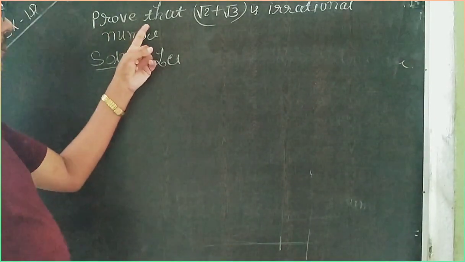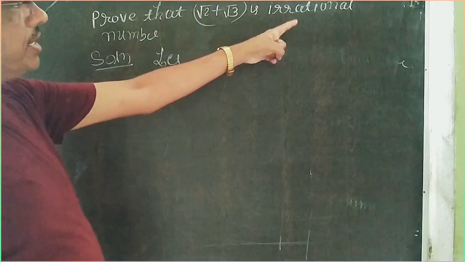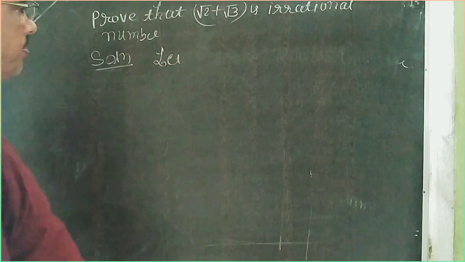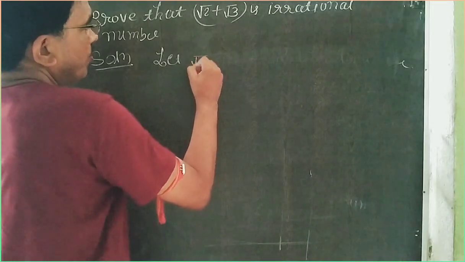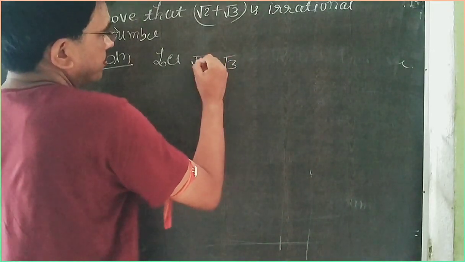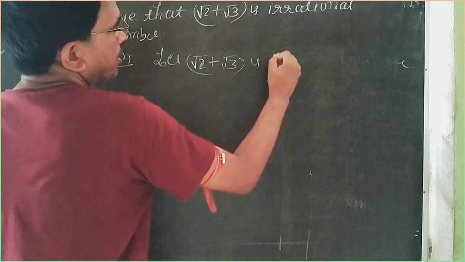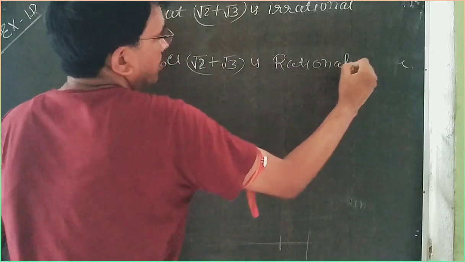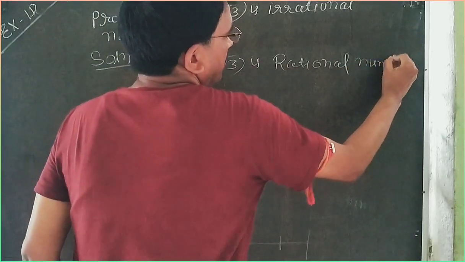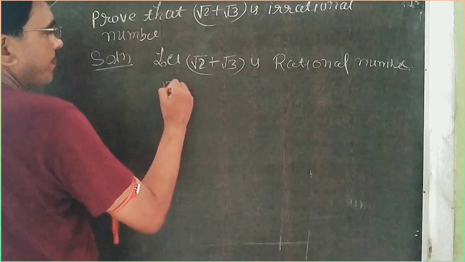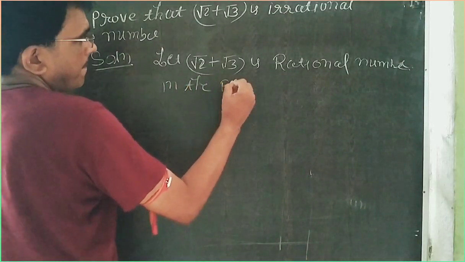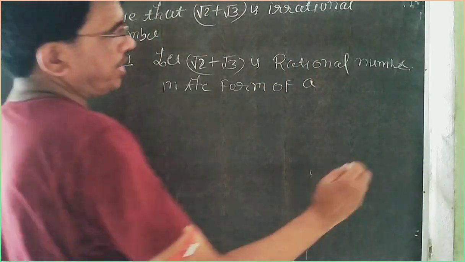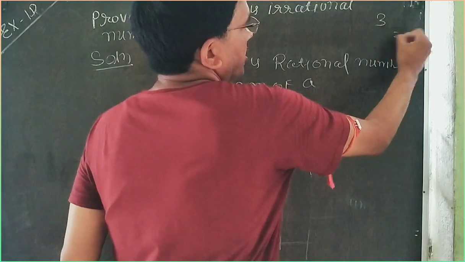Next, prove that root 2 plus root 3 is an irrational number. In this question, both are irrational and you have to prove the sum is irrational. So, students, you write, let root 2 plus root 3 be a rational number. Rational numbers are like 3 or 3 by 4.